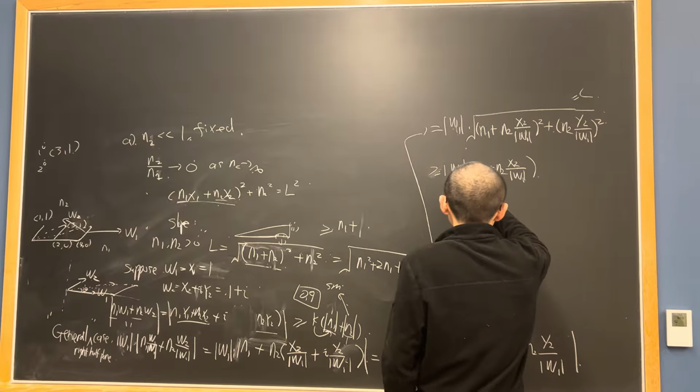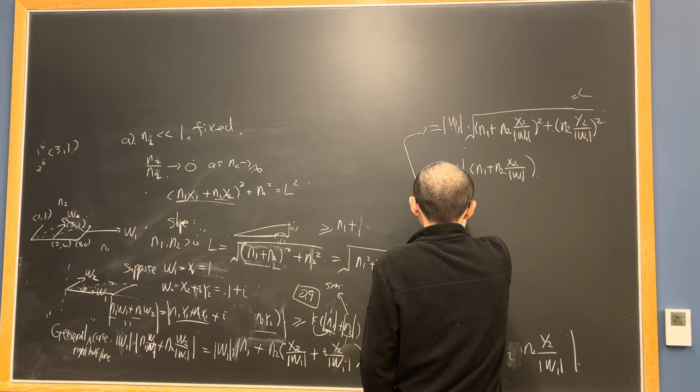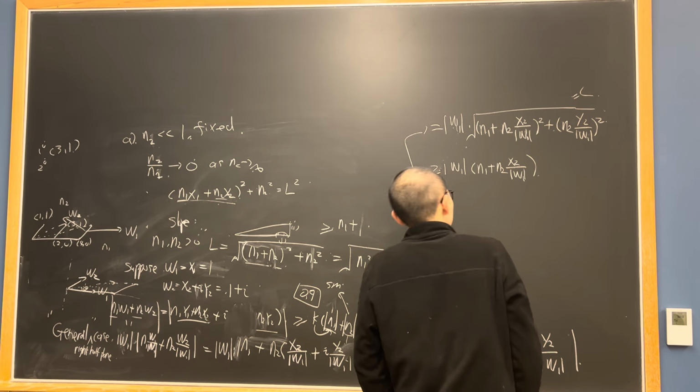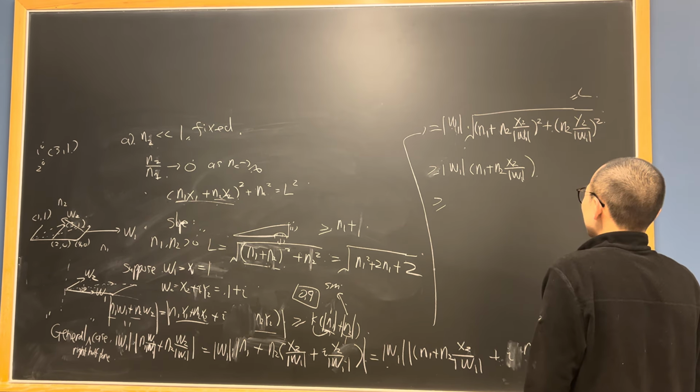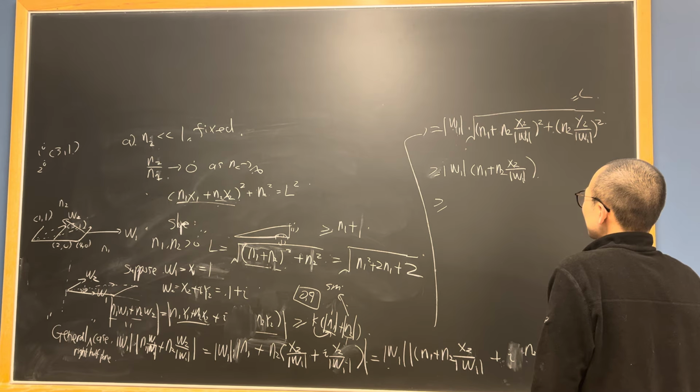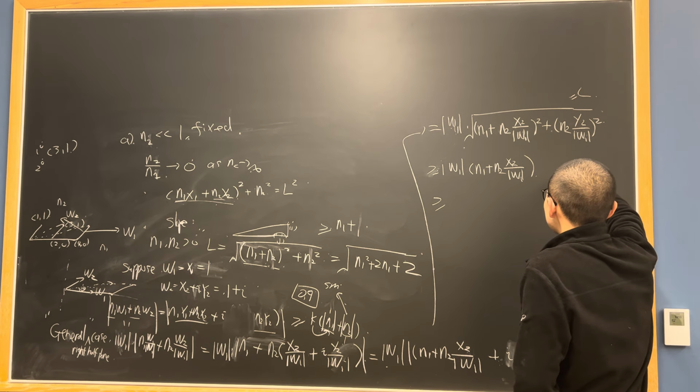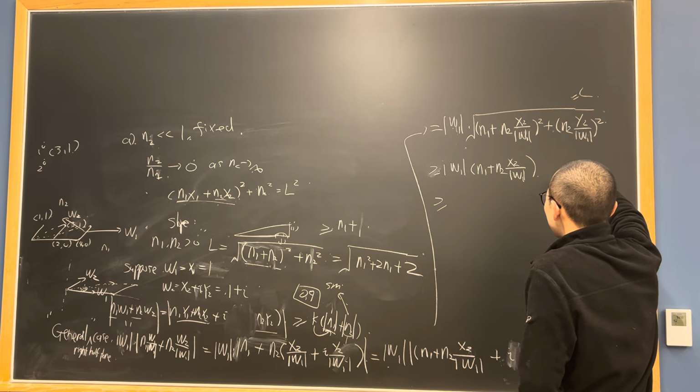So here you can take a minimum over this x2 over omega 1 and this 1, right?